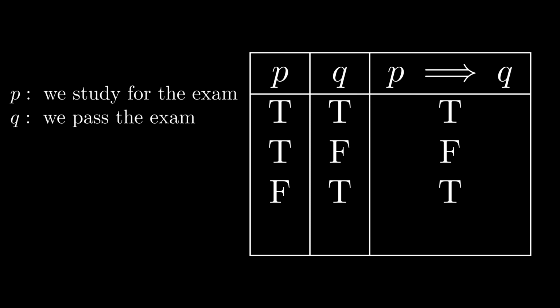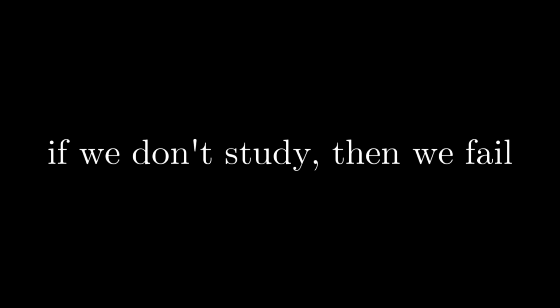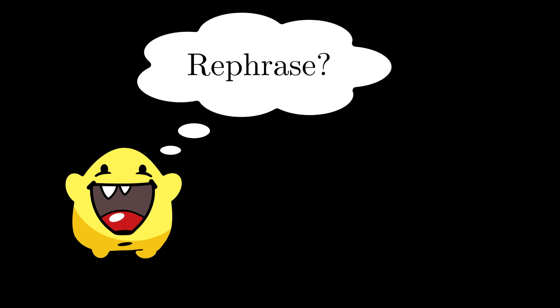Finally, what if P and Q are both false? We have that the statement reads, if we don't study for the exam, then we will fail. And just like the previous case, we want to ask whether or not this statement is false. That is, can we rephrase or adjust the statement and arrive at something that is obviously true?